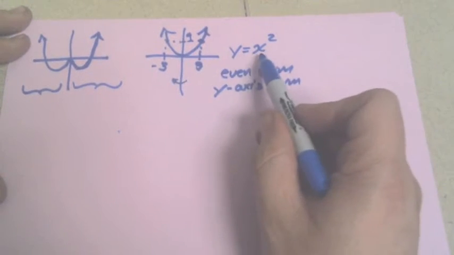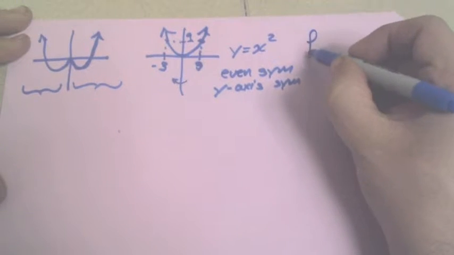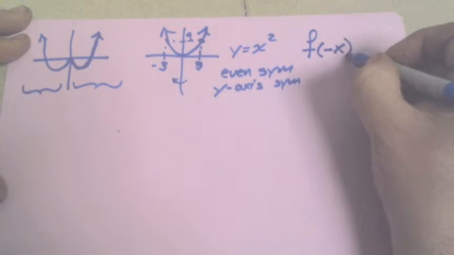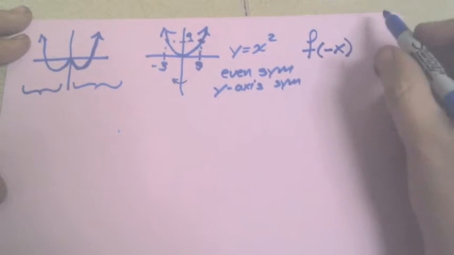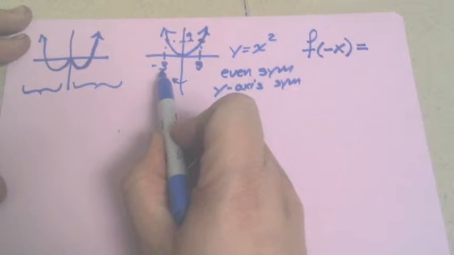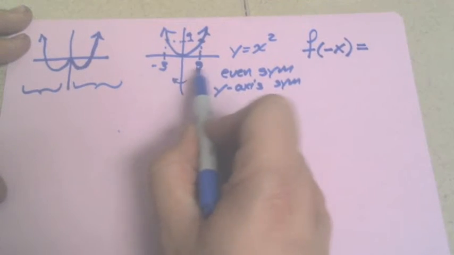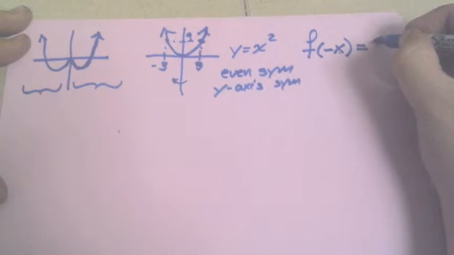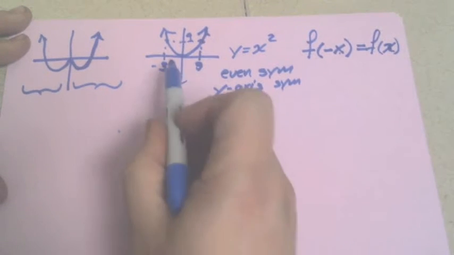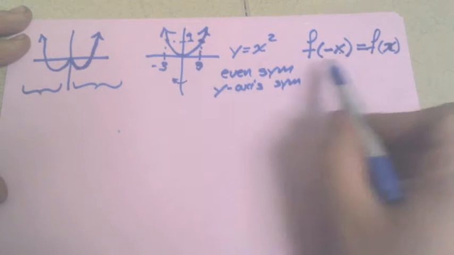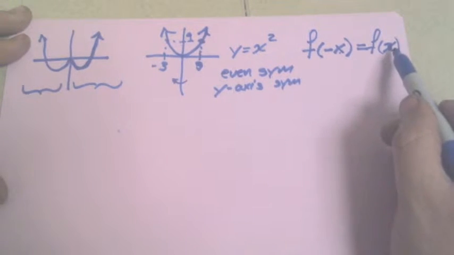So this general quality that if we take our function and evaluate it at the opposite of our value, the difference between evaluating at 3 and -3, well, in an even function, there is no difference. f of -3 is the same as f of 3. Whoops. f of -4 is the same as f of 4. f of -1 is the same as f of 1.